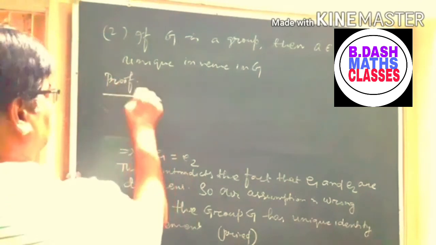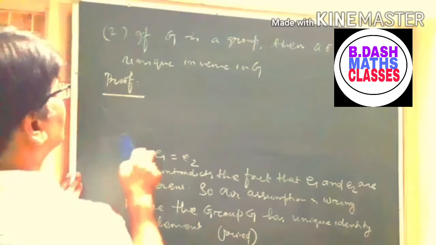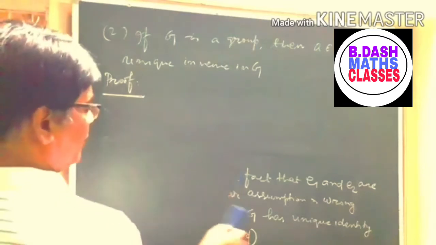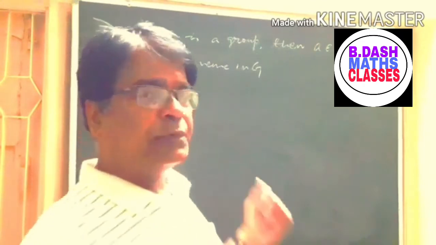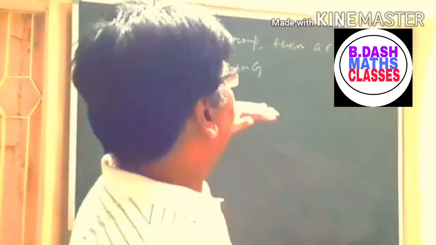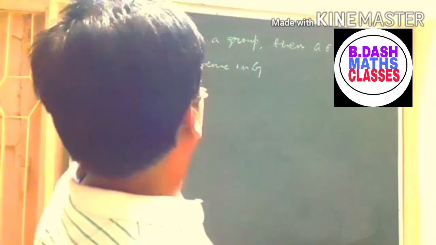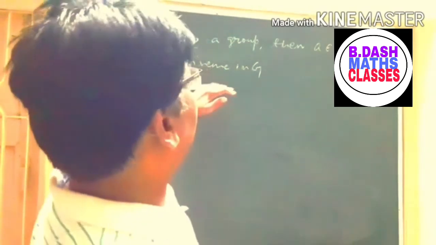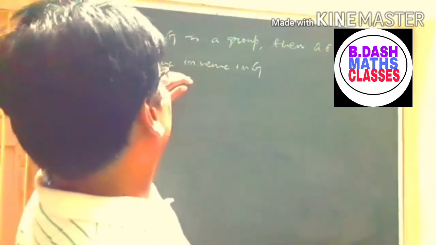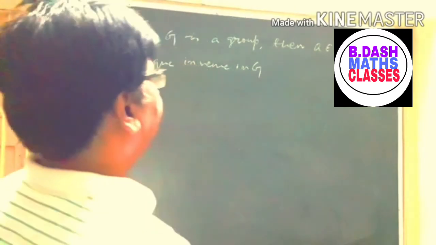So we will prove this one. Here G is a group and A belongs to G, and we have to show that this element A will have a unique inverse. If G is a group, then A belongs to G has a unique inverse in G.